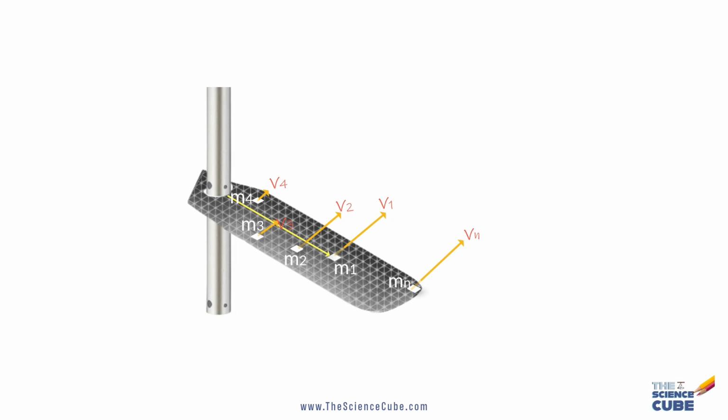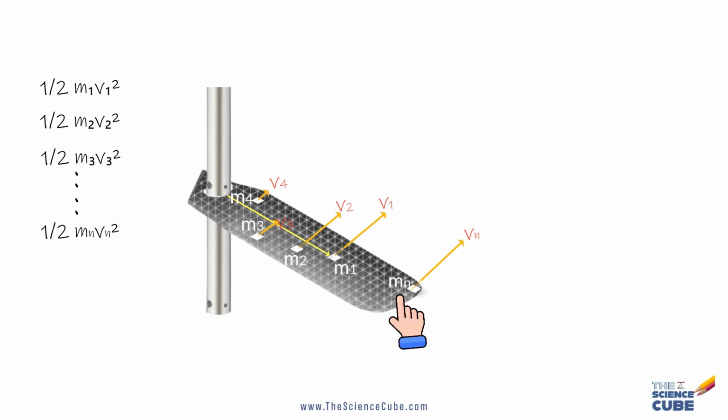Then we can say that the kinetic energy of this particle is half m1 v1 square, this is half m2 v2 square, this is half m3 v3 square, till we reach the last particle or the nth particle whose kinetic energy would be half mn vn square.